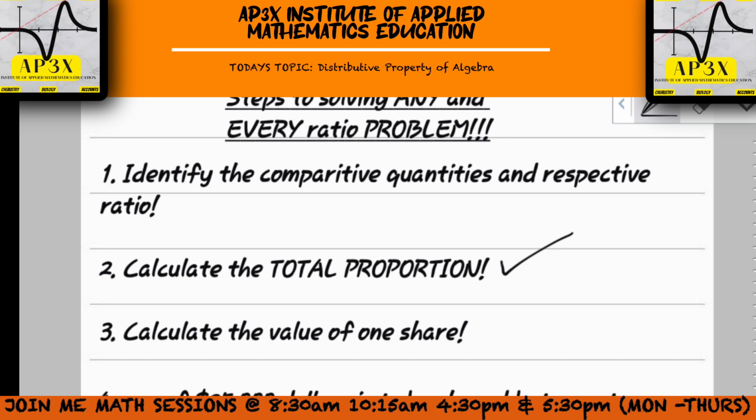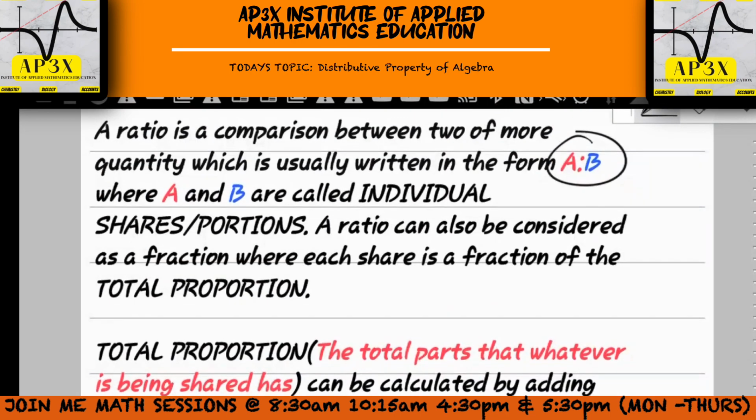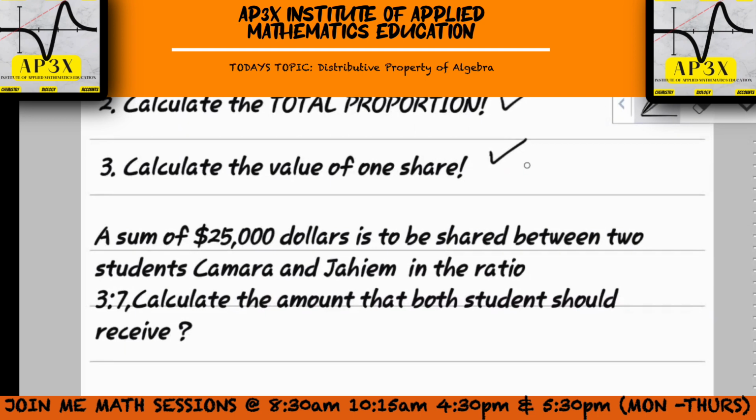Now, in a previous lesson, when we were talking about variation, we learned that finding one share is the same thing as finding the value of k, where k is the constant of proportion. You'll see here that we're not really using the variable k to represent one share, but in our direct proportion and indirect proportion video, we looked so many times over at the importance of finding k.